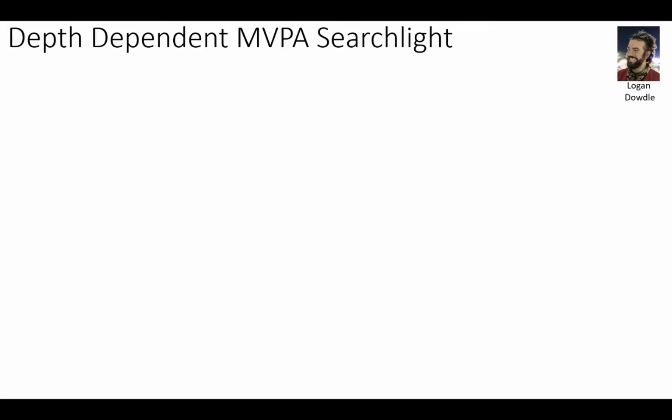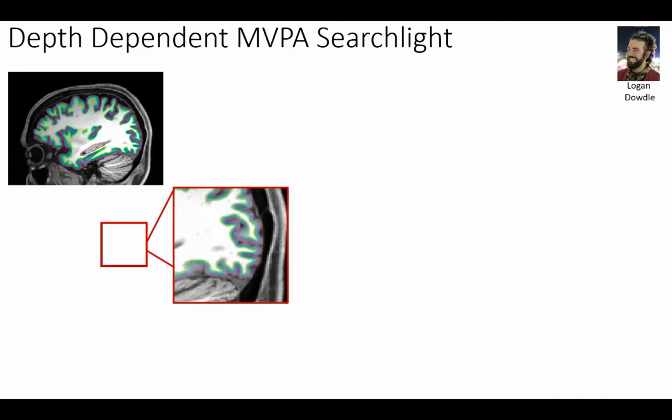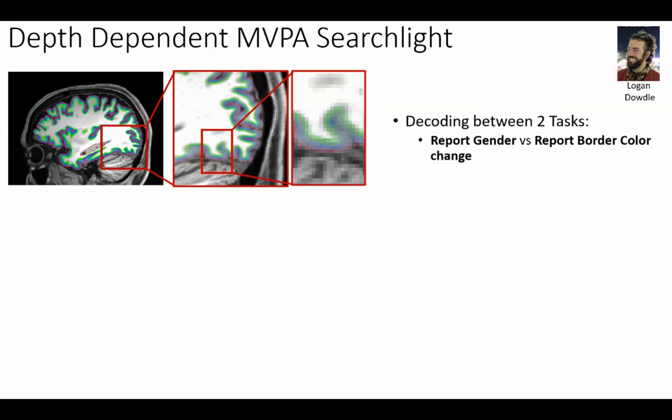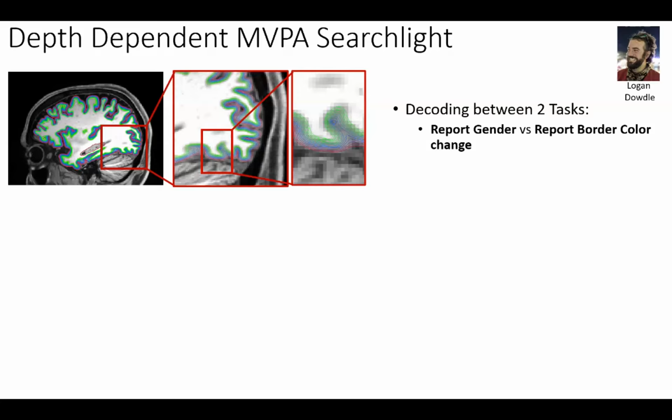So we did this with layer fMRI, 0.8 data. This is the work of Logan Dowdle, one of my postdocs. He used FreeSurfer in this case. He acquired 0.8 data with a face task. He asked participants to do either a gender task or a stimulus-relevant color task, and then asked whether he could decode differences between the two tasks across the ventrotemporal cortex.